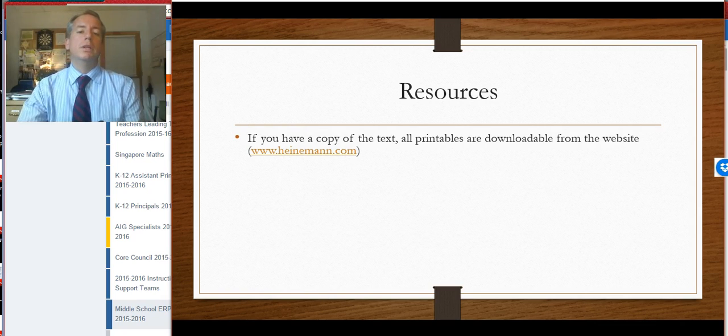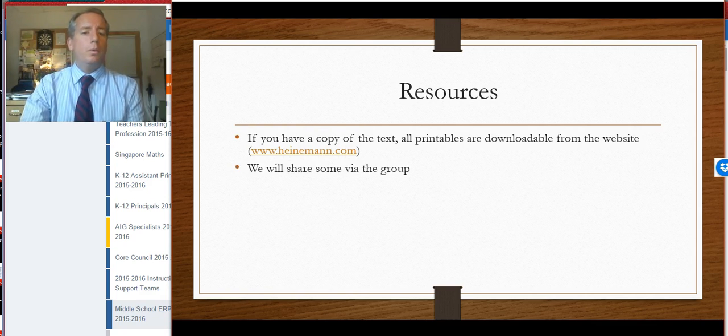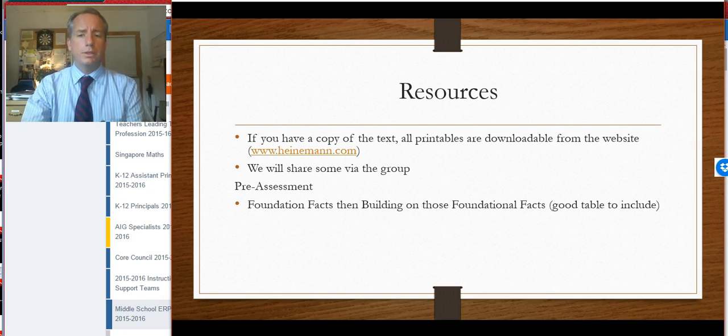And as much as I would just like to send you that access code, that would be probably unfair to them, and it would be breaking copyright. So when you get the book, you'll be able to access all those printed resources. We are able to select a few of those things and share them through the professional development, including some things like the pre-assessment.